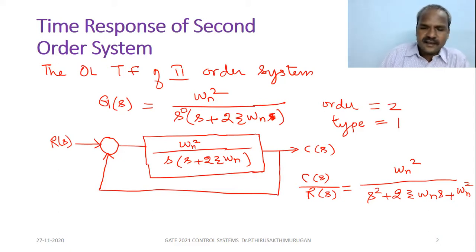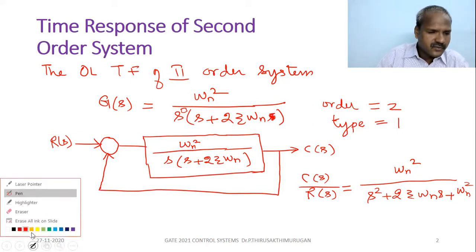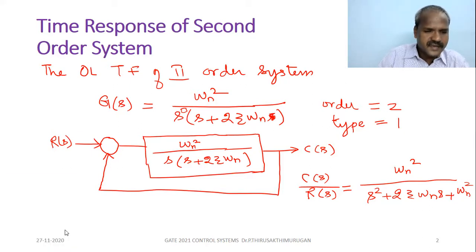In this, actually, we are missing one more term here. So we can add k. Suppose the system has some gain, okay, then the system has some parameter k, so that will appear in the numerator.